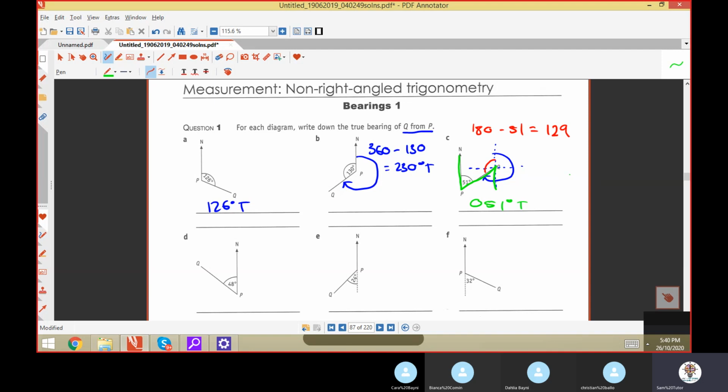I was like, why are you doing Z's and crap? Am I done with the trip bearing of Q from P? 51. Right there. What is the T there? Look, Q to P, 126, Q to P.